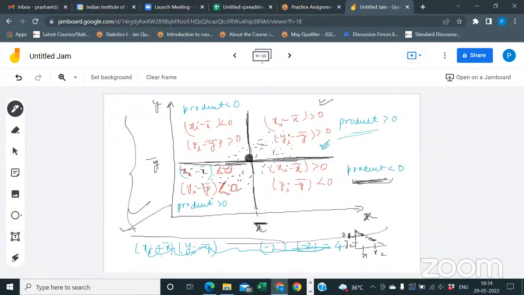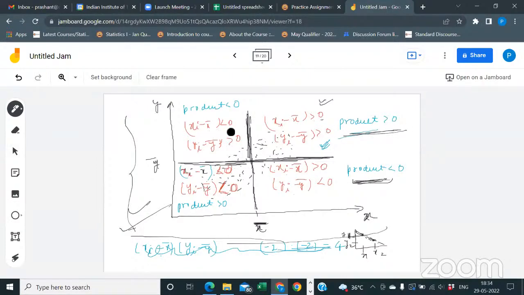By the axis you can interpret this. Now for this region, xi minus x bar will be greater than 0, because x bar is this one and xi is this one. Yi minus y bar will be greater than 0 also. So the product of two positive numbers will be greater than 0.